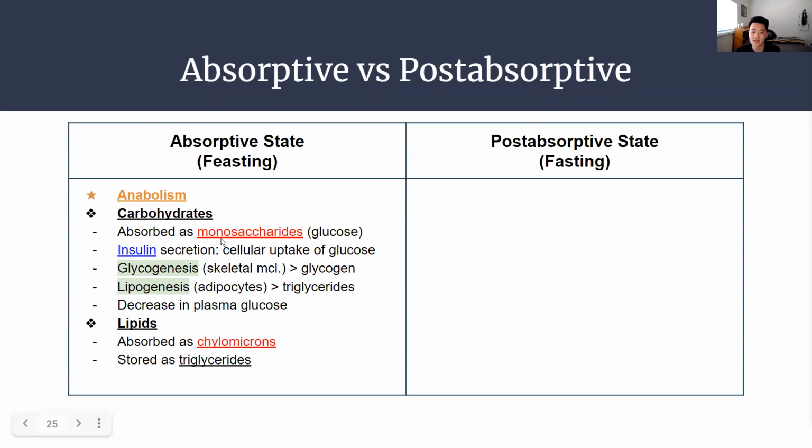So the key concept during the absorptive state, during the feasting stage, is that anabolism occurs, right? So the absorptive state is characterized by glycogenesis and lipogenesis, where energy reserves like glycogen and fats or lipids are synthesized and stored. Okay, this is the absorptive state.